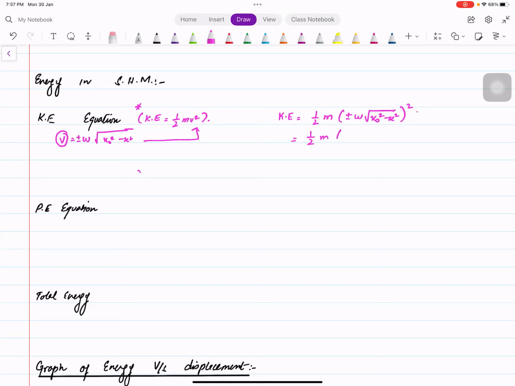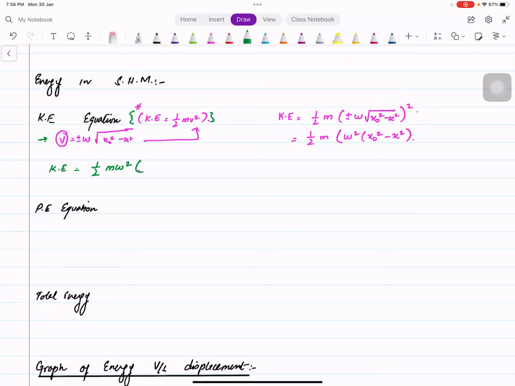So when you do that, you get this, and now you do half m. When you take the square, plus minus squared, the answer will be omega squared, x naught squared, just by remembering this equation.